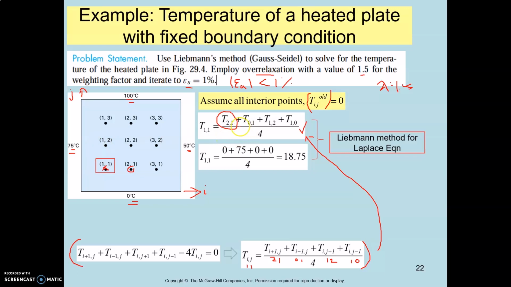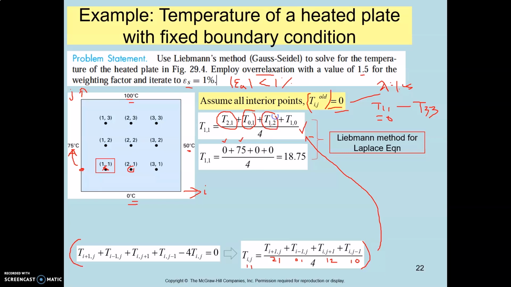Since we assume all the temperatures from T11 to T33, all 9 temperatures, are 0, we just let T21 be 0. Next, we have the temperature on the left hand side, which is T01. This is the given boundary condition, which is 75 degrees Celsius.